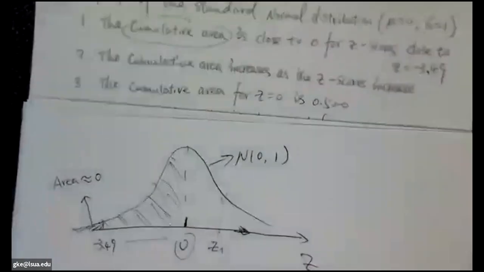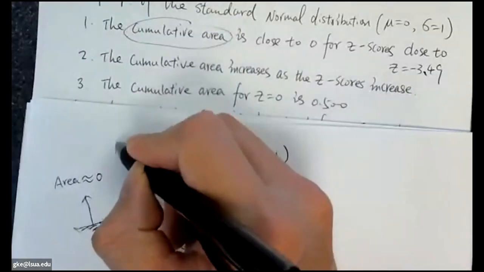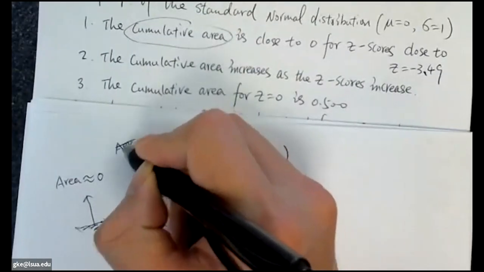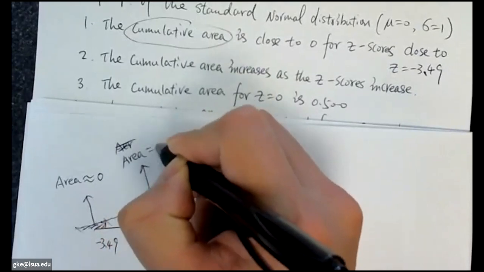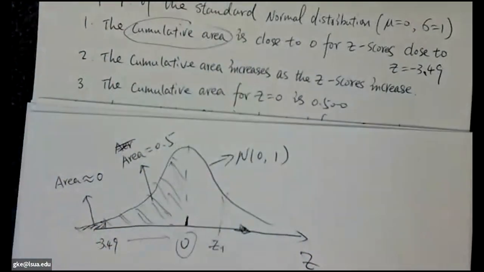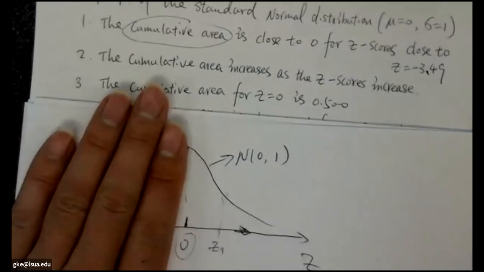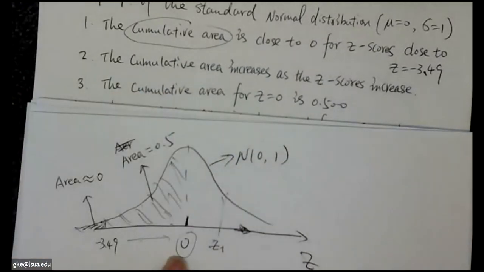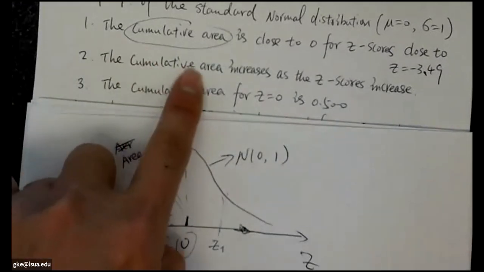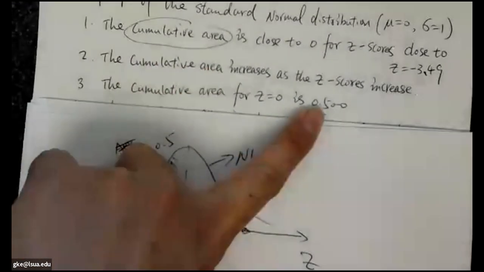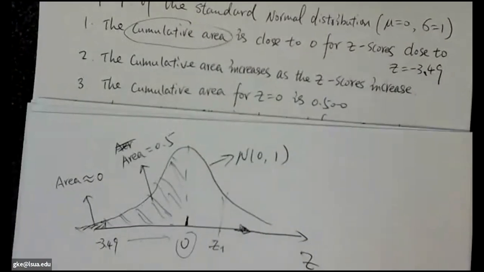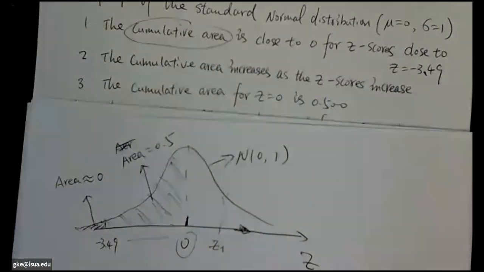Good job. So the area should be 0.5 because that is half of the total area. When z equals 0, the cumulative area is 0.5. Understood? Very good.